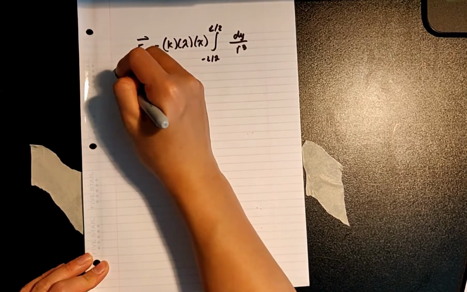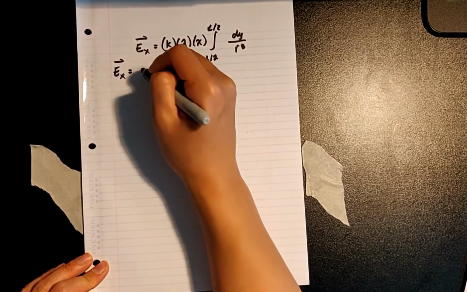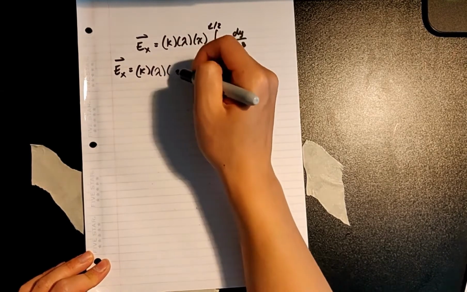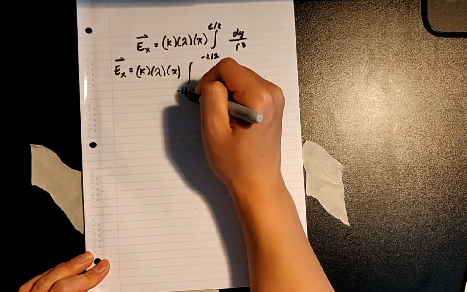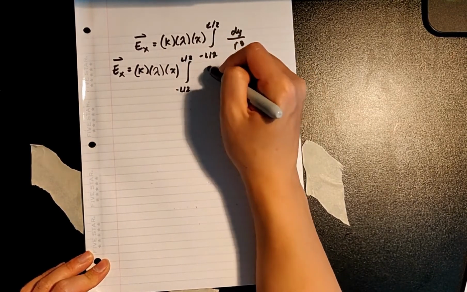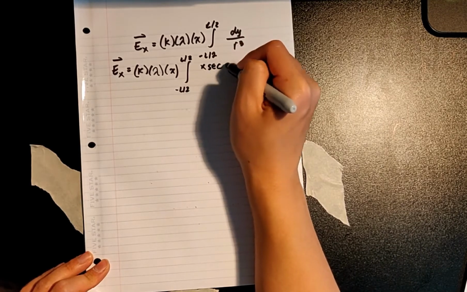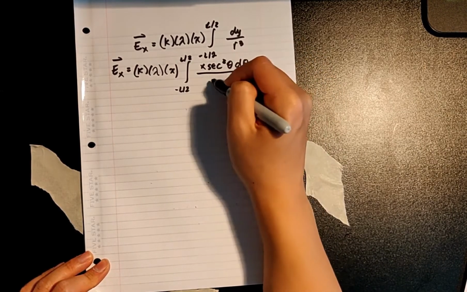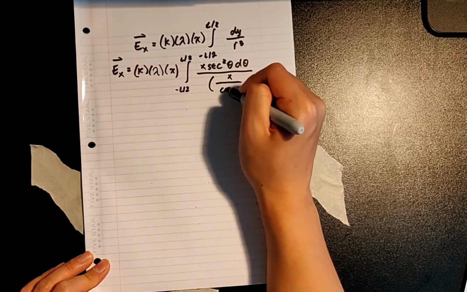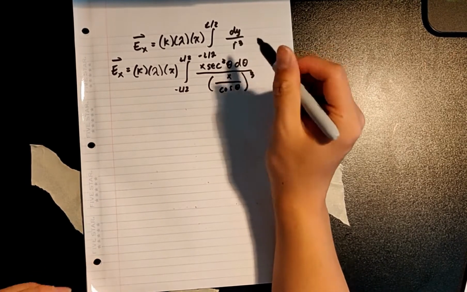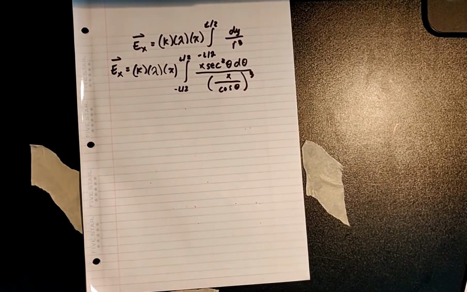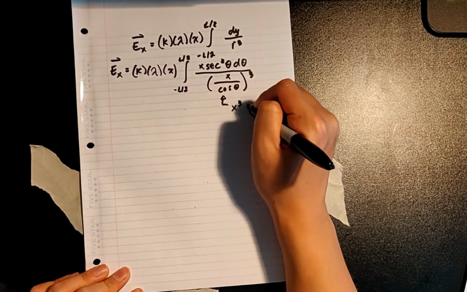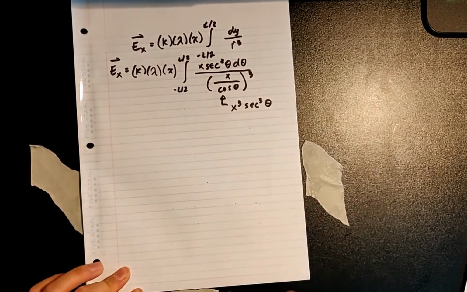So we will get something like Ex is then just equal to k lambda x, integral of x secant squared theta d theta over x over cosine theta cubed. I simply replaced our r and dy with the stuff we saw before. And this is simply just going to be x cubed secant cubed theta.